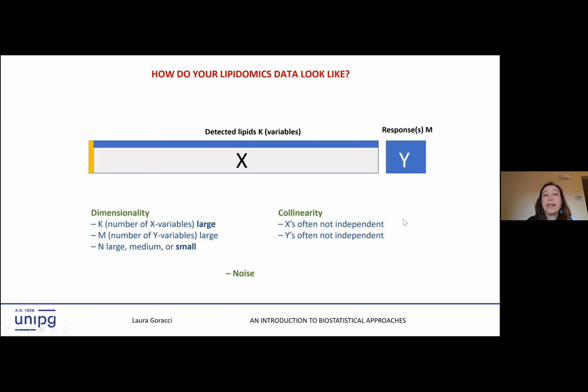What is important to underline here is that our X matrix is usually characterized by collinearity. That means that our variables are often not independent, because this is the nature of lipidomics, right? And also Y could be not independent. In addition, our X matrix is made using experimental values, so we can also have noise in our data.